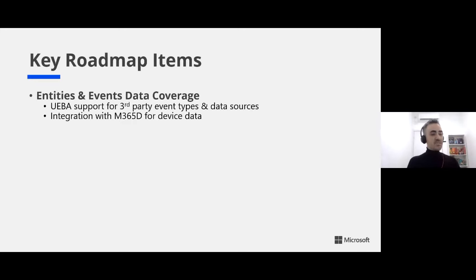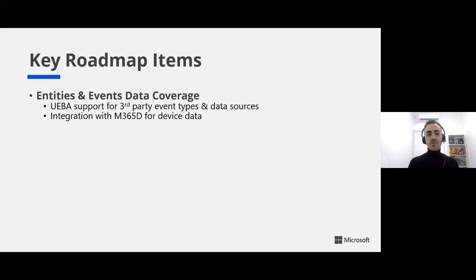So I just want to go over some key roadmap items that we are planning to do in UEBA in the near future. We have 3 major areas that we want to improve and do better at in UEBA. First of all, we have the entities and event data coverage.